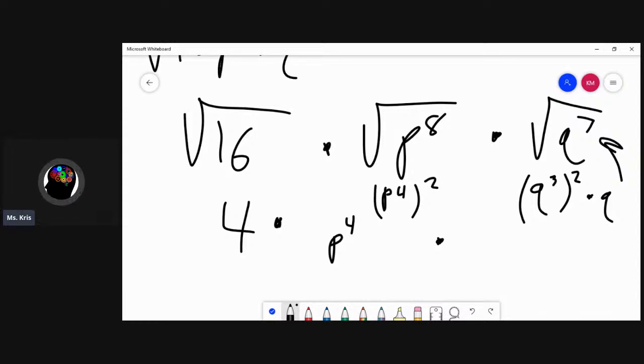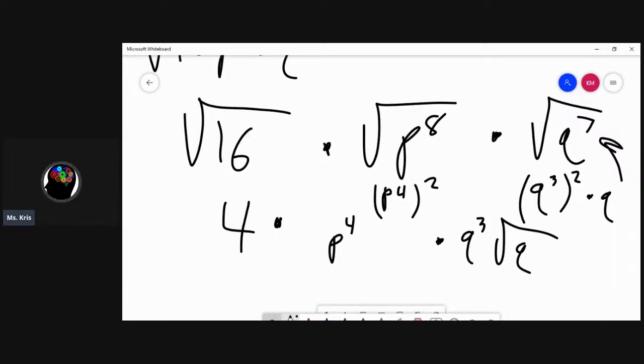Once I take the square root of both of those, that leaves me with q to the third on the outside and the square root of q on the inside. The only way q can cancel is if it was q squared, but since it's q to the first under a square root, it must remain under the root.